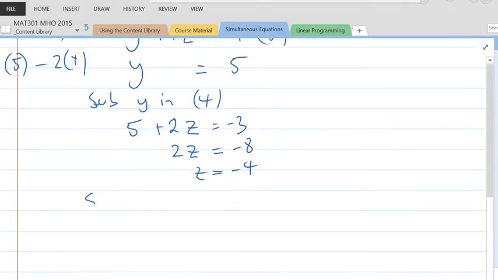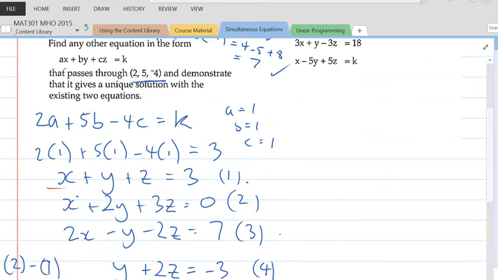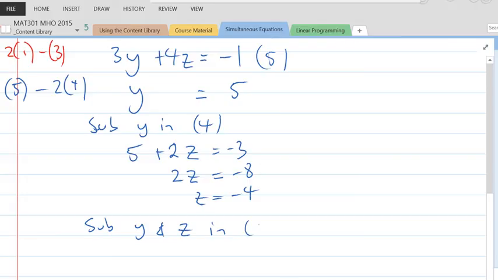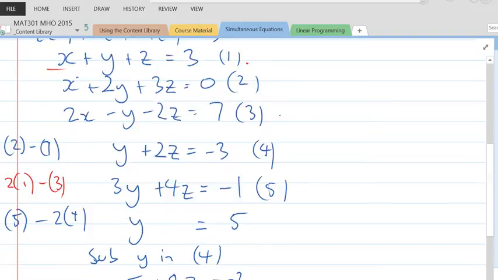And I'll sub y and z in which one? I'll have to go one of these top ones. Let's do it into equation 1. So I'm going to get x plus 5 plus minus 4 is equal to, what did I say it was? 3.